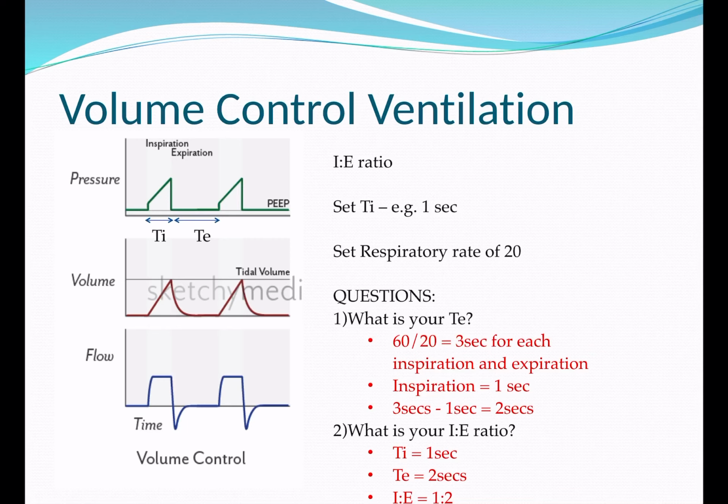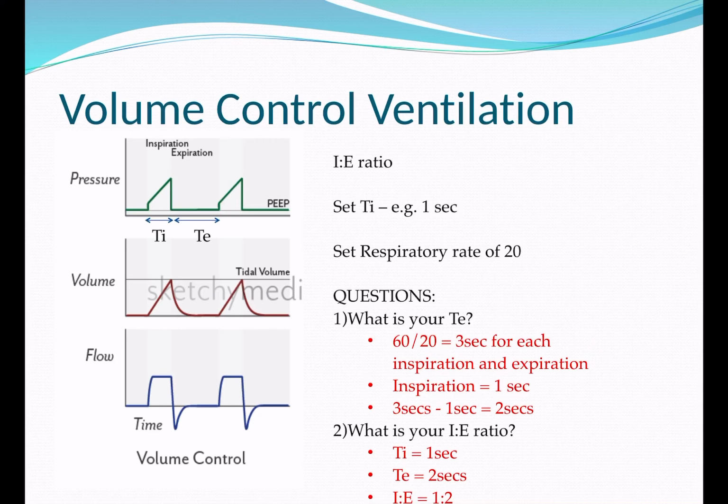If you've kept your TI time at only 1 second, 6 minus 1 is 5. That means you've got 5 seconds of expiration. If you drop your respiratory rate down to 10, but keep your TI at 1 second, you're going to have a 1:5 I/E ratio.